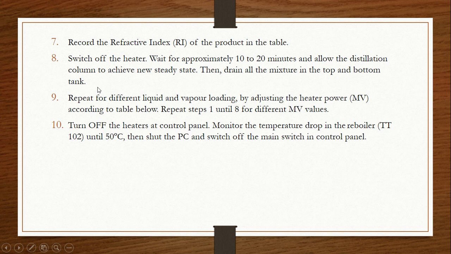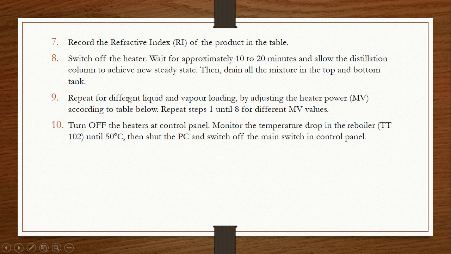In this experiment, we have to repeat for different liquid and vapor loading, just by adjusting the heater power, which is our manipulated variable, according to the table, which is our data. So we repeat steps 1 until 8 for different MV values.